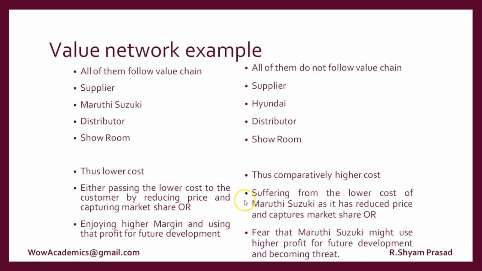If Maruti Suzuki chooses this option, Hyundai will suffer with this option. Hyundai will fear that Maruti Suzuki might use higher profits for future development and become a threat. So I think you got a nice idea about how a value network works.